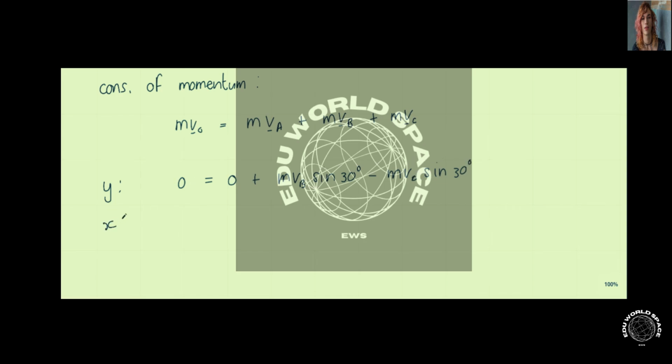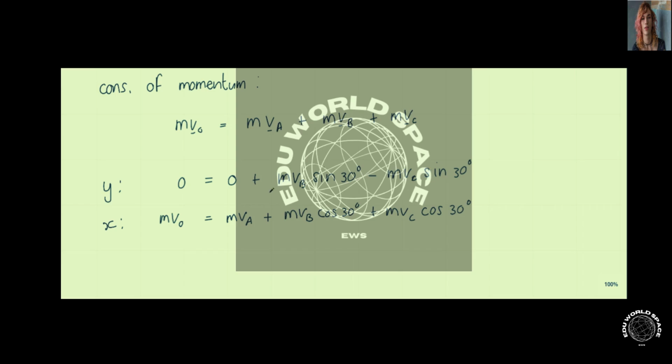Now we'll do the same for the x components. So essentially we're transforming the vector equation into two scalar equations. So mv0 is equal to mva, where v0 and va are the initial and final speeds of A respectively, plus mvb cosine of 30 degrees plus mvc cosine of 30 degrees.